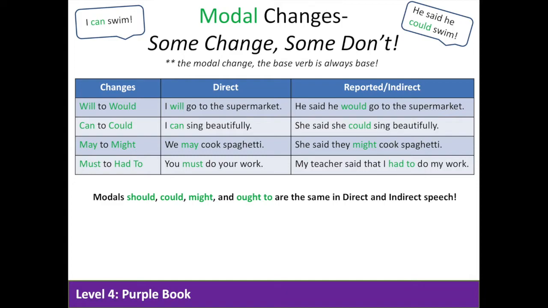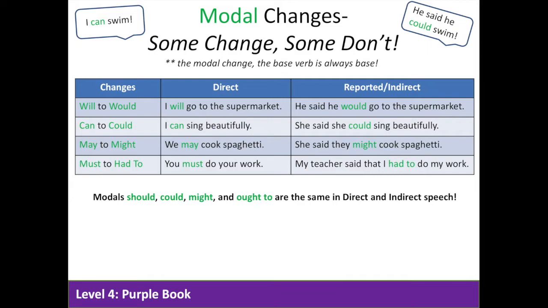In the center, we have direct speech examples, and on the far right, we've changed it to reported or indirect speech. For example, in reported speech, will becomes would. Can becomes could. May changes to might, and must changes to had to. Take a moment to pause the video and have a look at these examples.